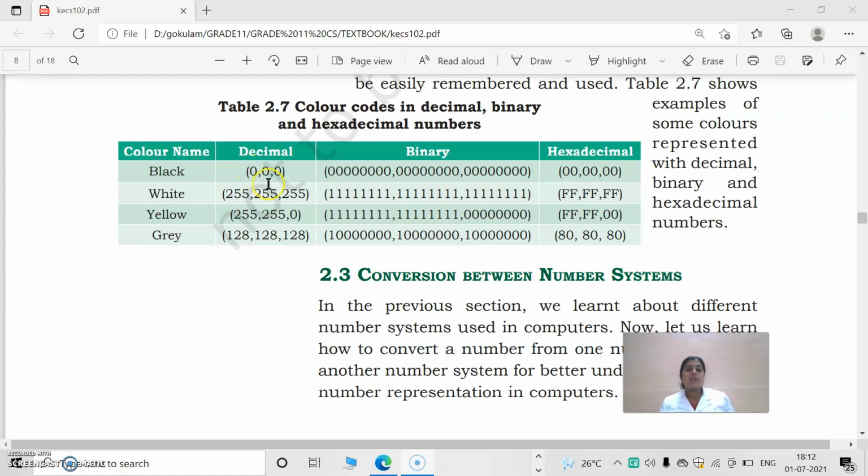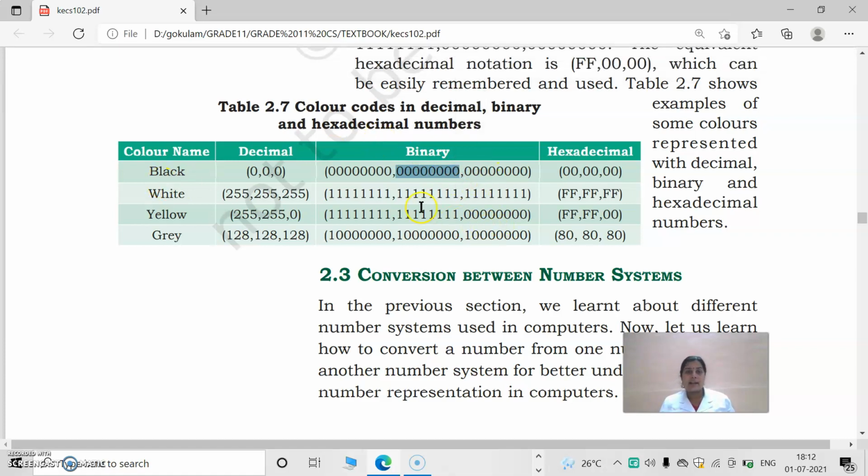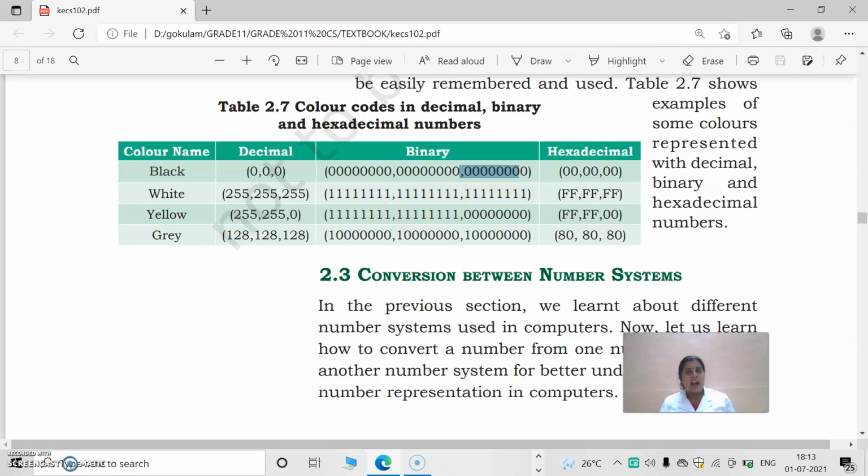In binary, red uses 8 bits, green 8 bits, and blue 8 bits. RGB are known as primary colors, and their combination makes each color. It is difficult to remember this 24-bit representation. Instead, the red value is converted to 00, the green value to 00, and the blue value to 00, so only 6 digits are needed.